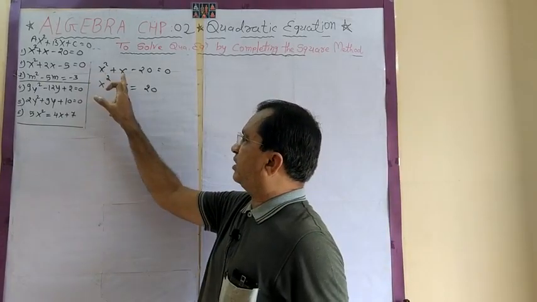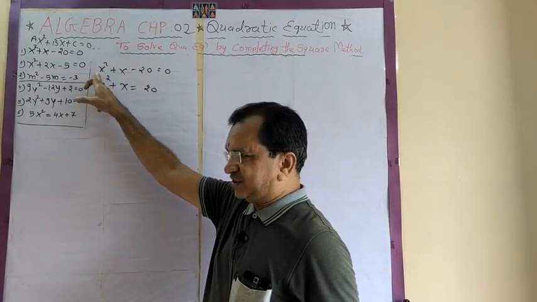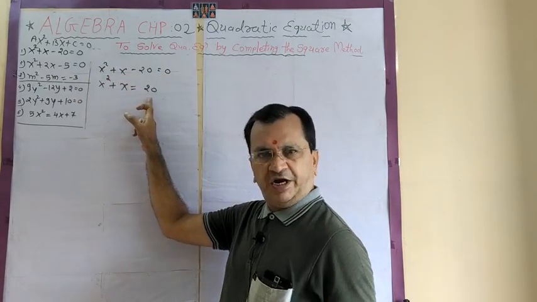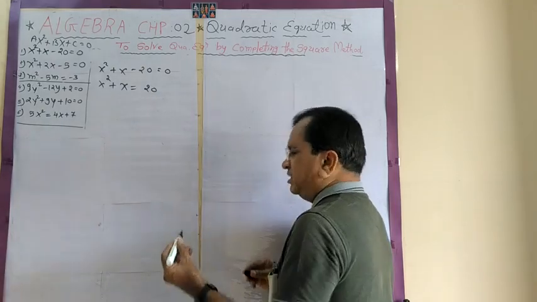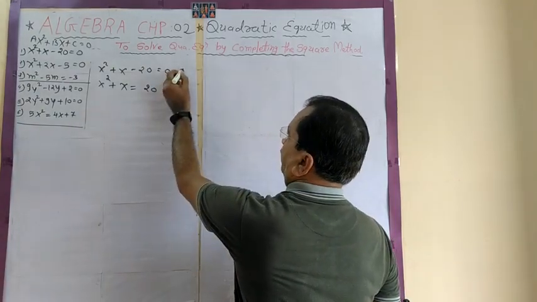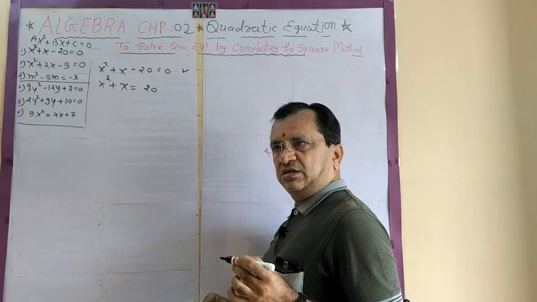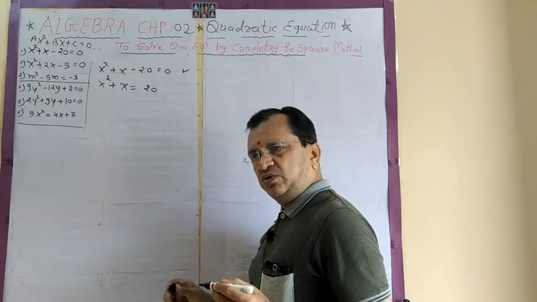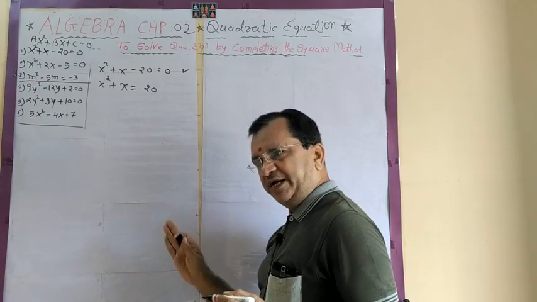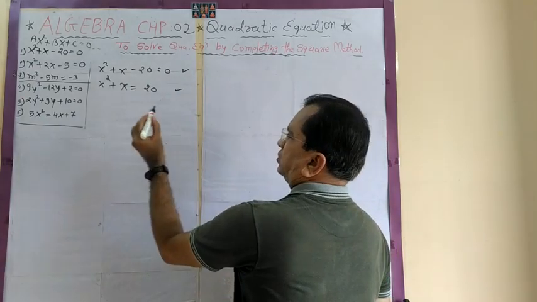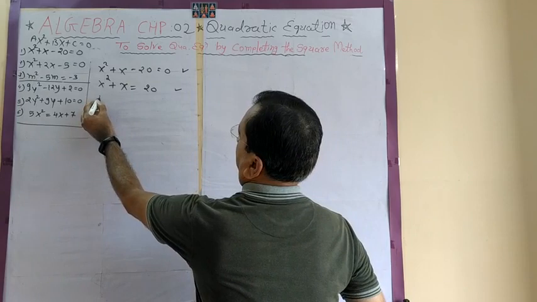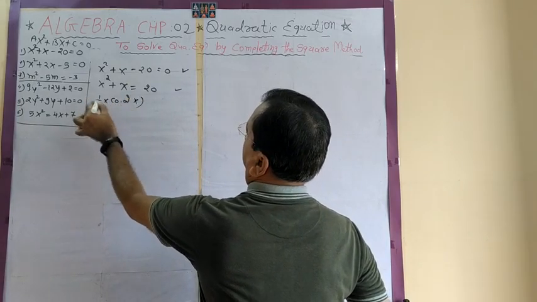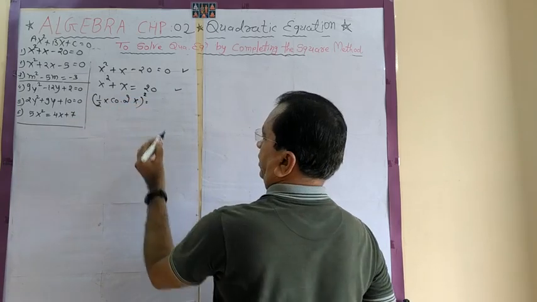x square plus x minus 20 is equal to 0. x square plus x is equal to 20. Now see, this is the first equation in the form of ax square plus bx plus c. Step number 2, see from left to right. Third step, formula: half into coefficient of x, square.